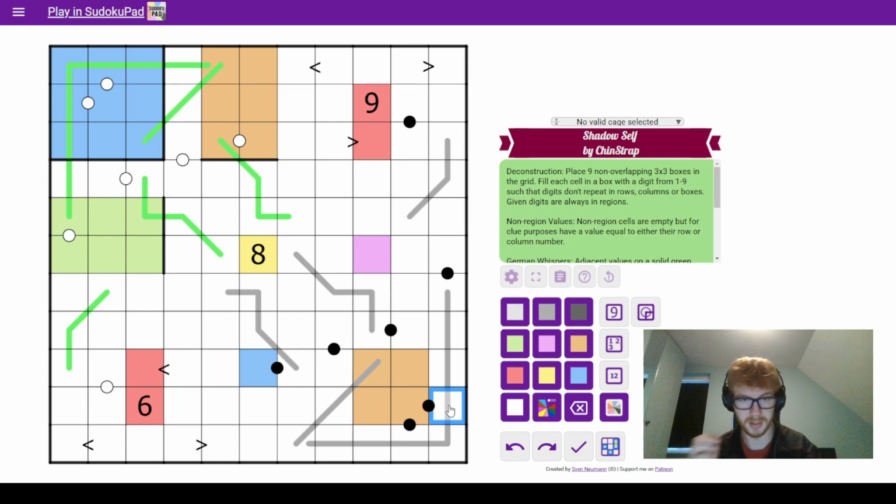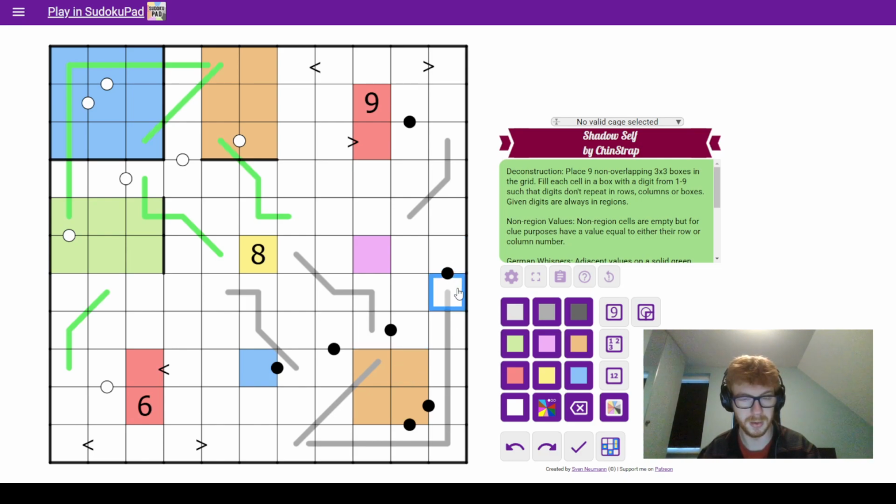Hmm. Because then would one of these black dots have to be in a region? Because I think one of those has to be.